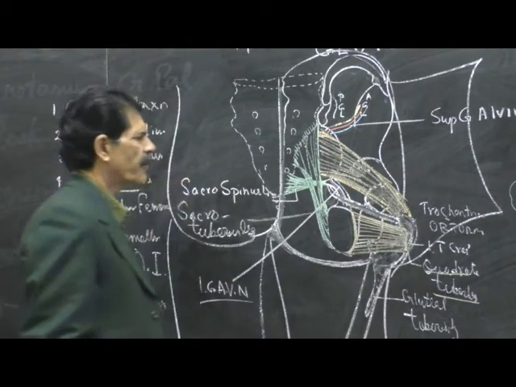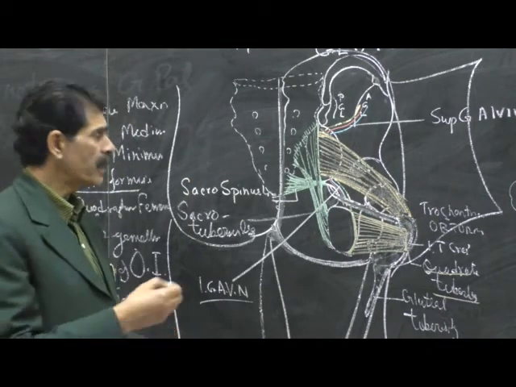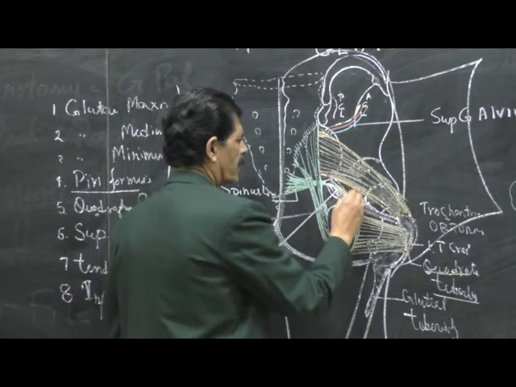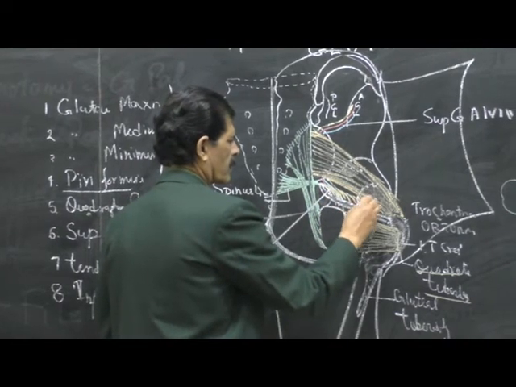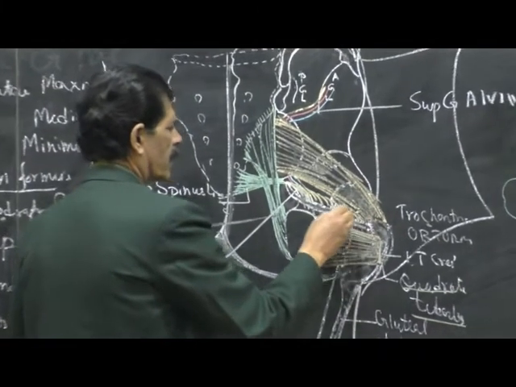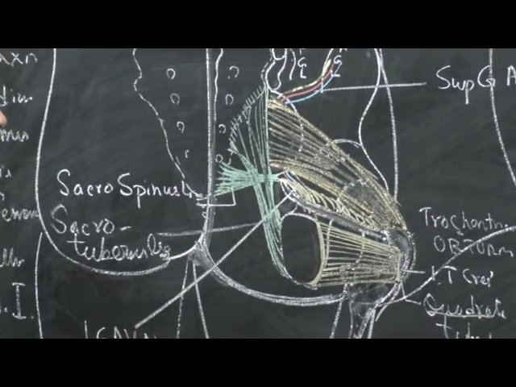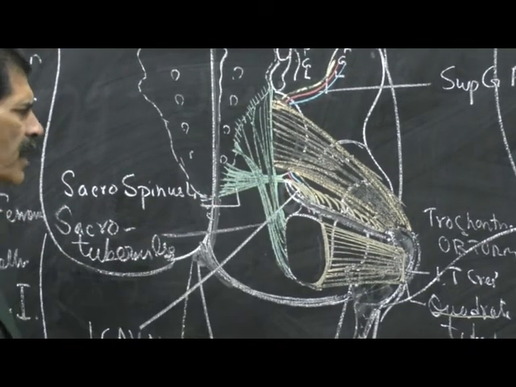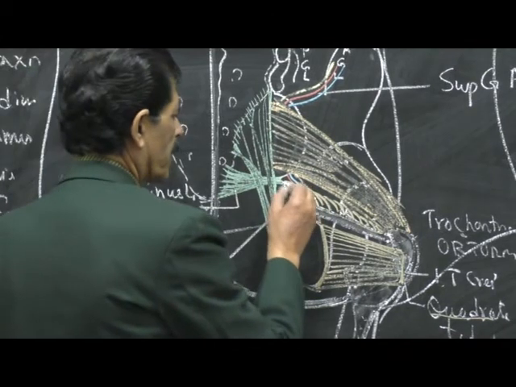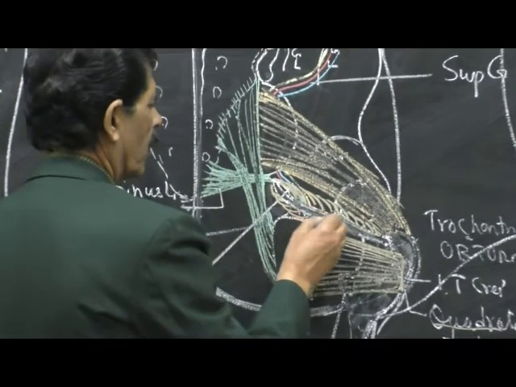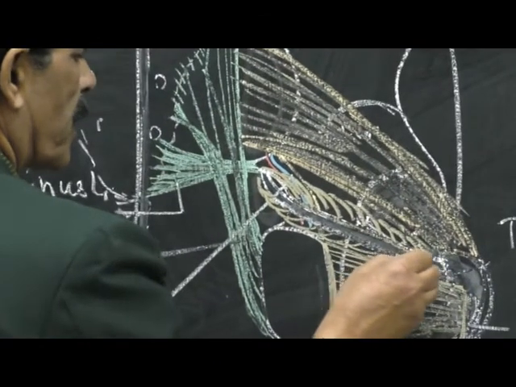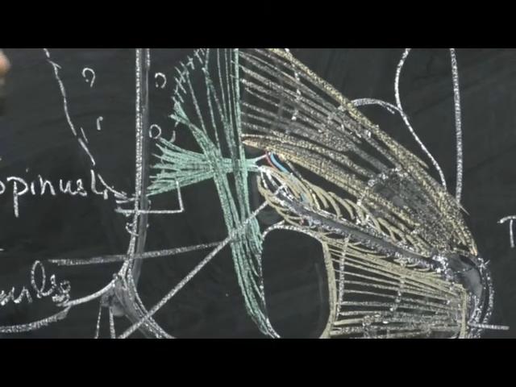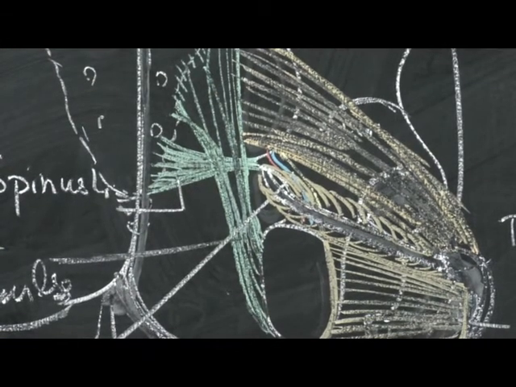Now a muscle lying superior to it is called the superior gemellus. And this muscle is inserted over the tendon of the obturator internus, and it takes origin from the dorsal surface of the ischial spine. Similarly, another muscle which is called the inferior gemellus is inserted over the lower border of the obturator internus muscle. This also takes origin from the ischial spine, lower border of the ischial spine.